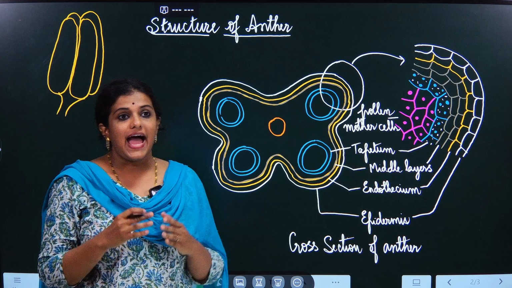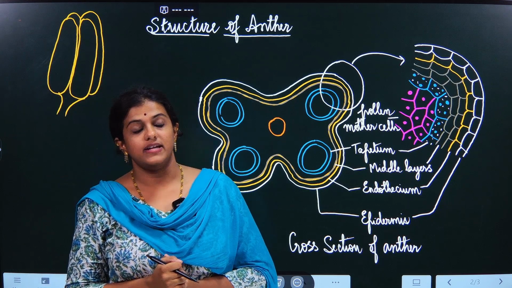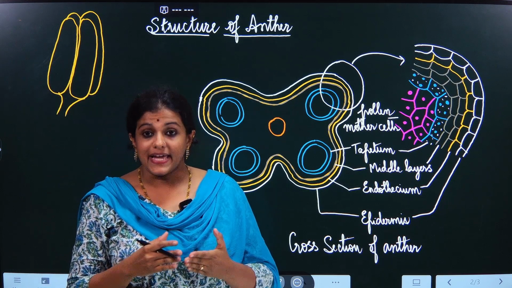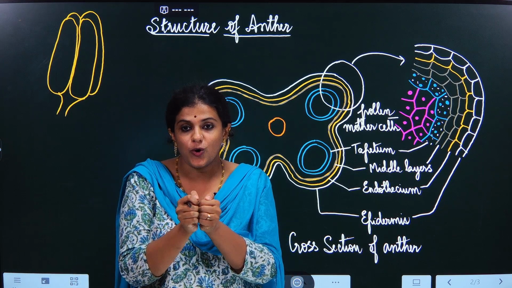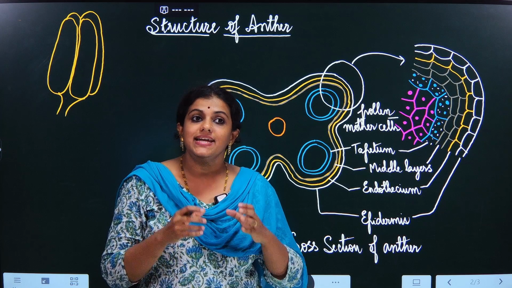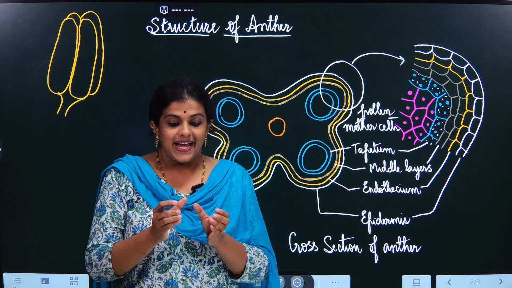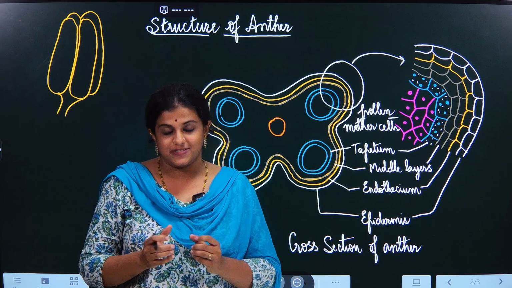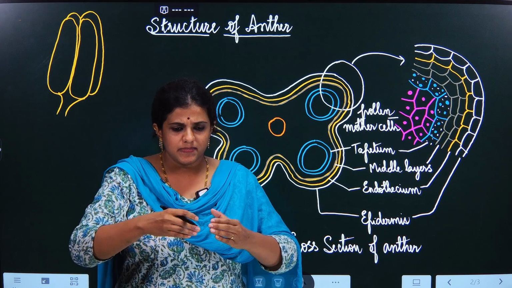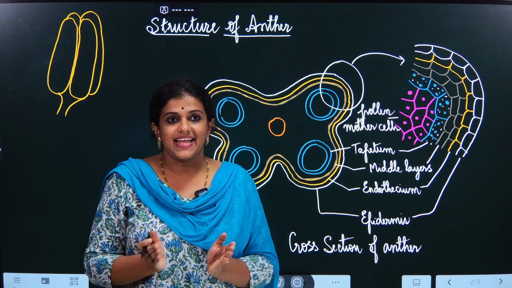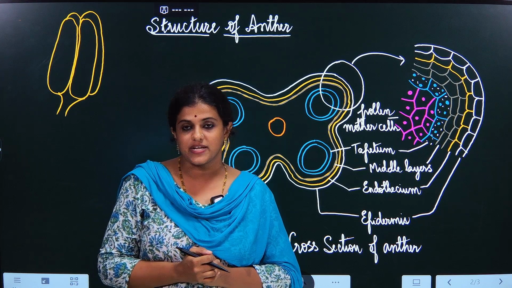Each anther is said to be bilobed, because it has got two lobes in it. And in each lobe, it has got two theca. Theca means ridge-like or bulged structures.